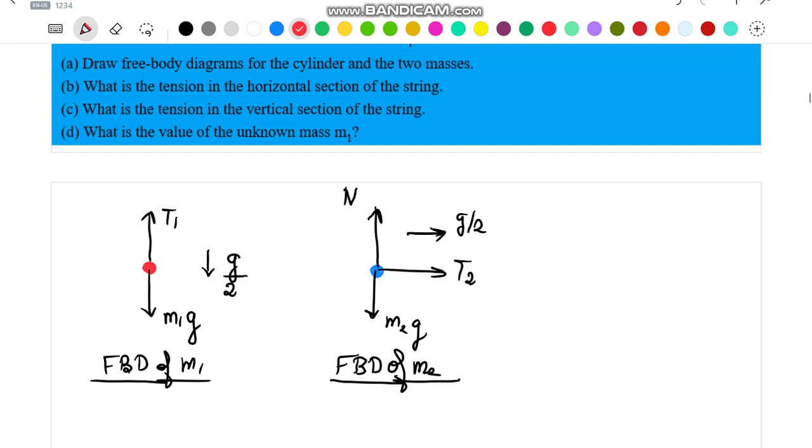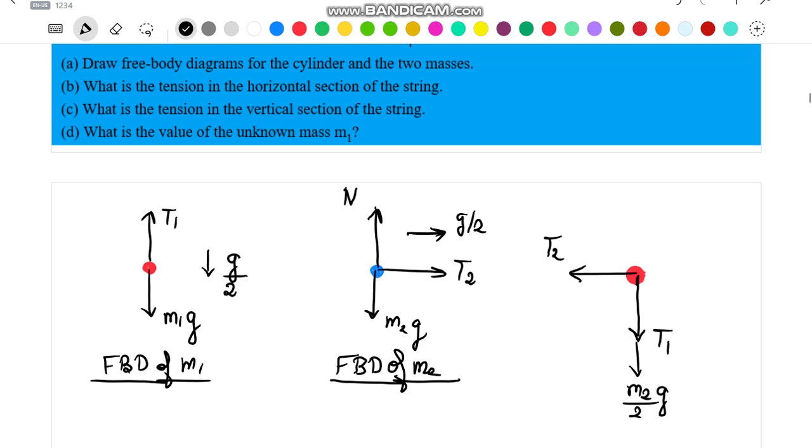Now for drawing the free body diagram of the pulley, the two forces acting on the pulley, apart from hinge forces (I am excluding the hinge force from this free body diagram), will be the tension T1 and tension T2, and apart from that the weight, which is given as m2 by 2 into g.